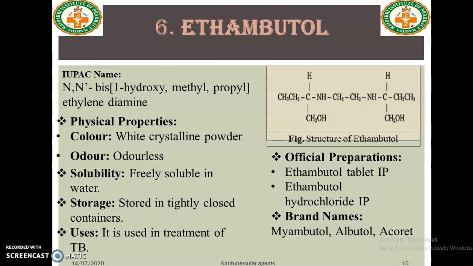It is freely soluble in water. Ethambutol is stored in tightly closed containers and is used in treatment of tuberculosis. Ethambutol tablet IP and ethambutol hydrochloride IP are the official preparations of ethambutol. It is known by the brand names Mambutol, Albutol and Accurate.